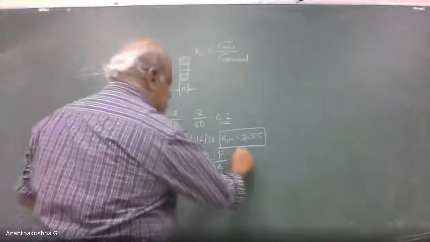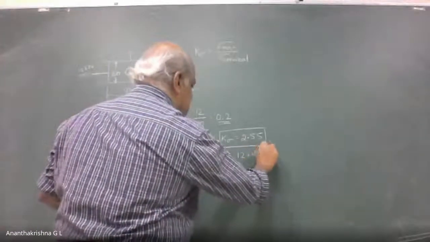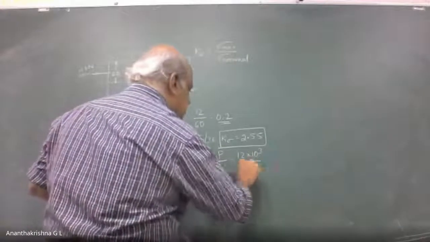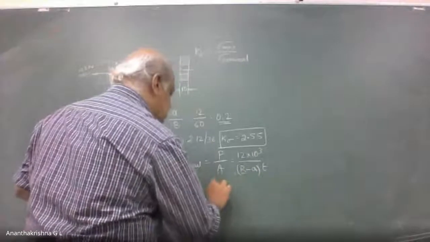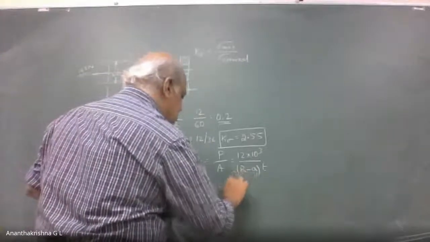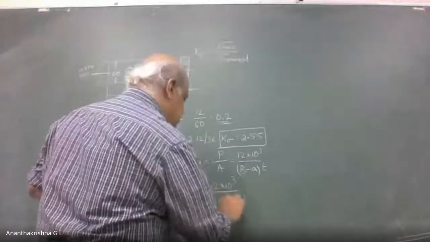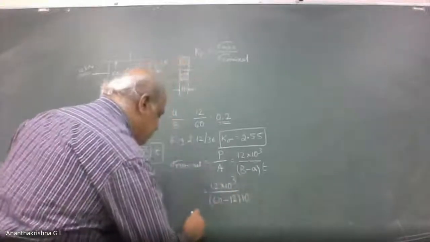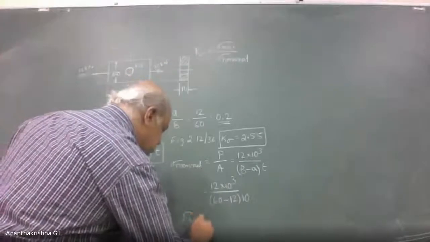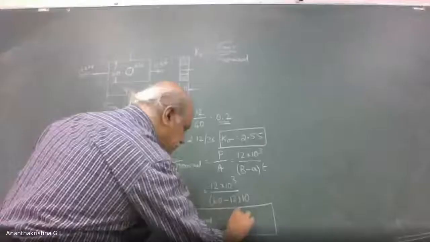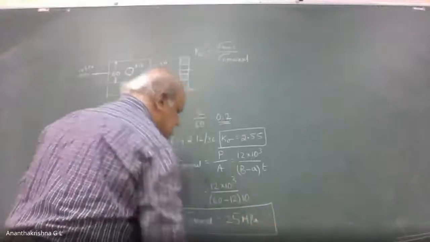Substitute that: 12 into 10 power 3 divided by area, which is B minus A into T, that is 12 into 10 power 3 divided by 60 minus 12 into thickness, which is 10 mm. So sigma nominal is how much? Yeah, 25, correct? Okay, 25 megapascal.